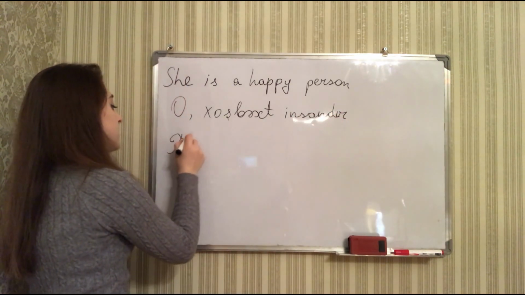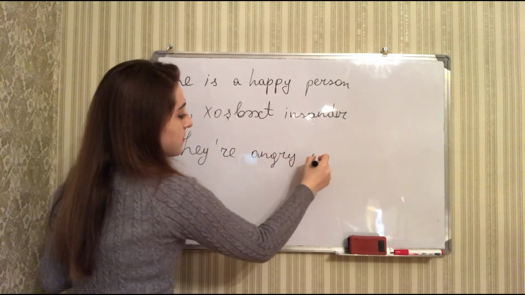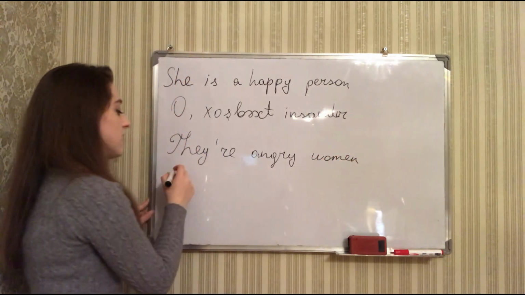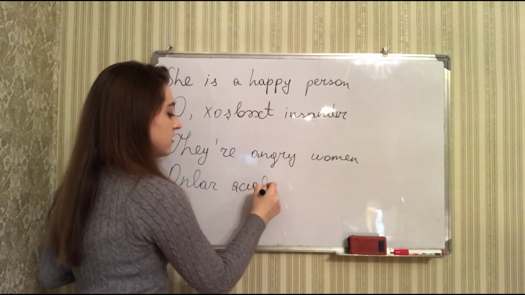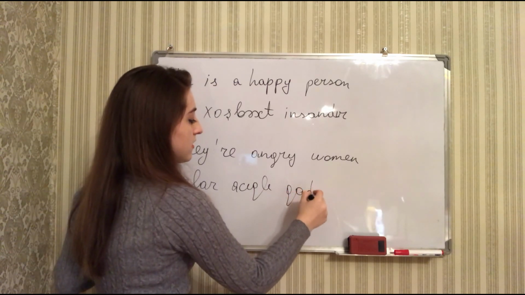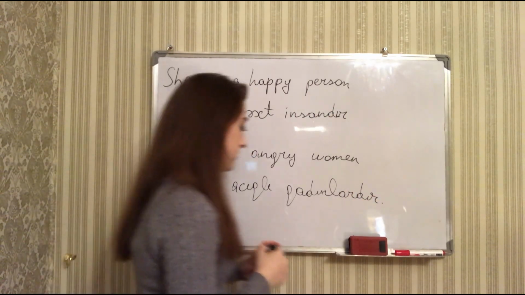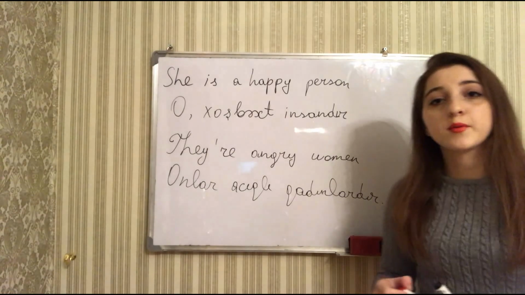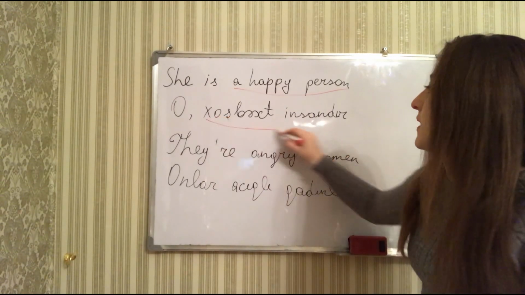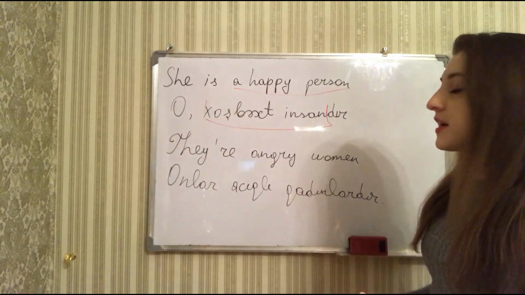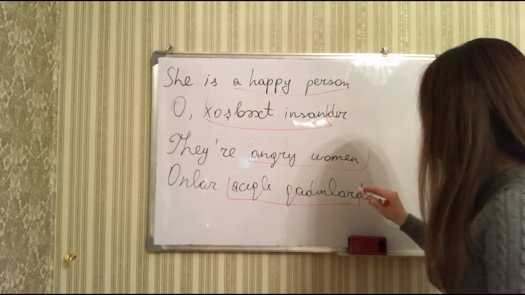Then, for example, they are angry women. Onlar acıklı kadınlardır. Okay, let's read. She is a happy person. O xoşbəxt insandır. Look, happy person, xoşbəxt insan. They are angry women. Acıklı kadınlar.